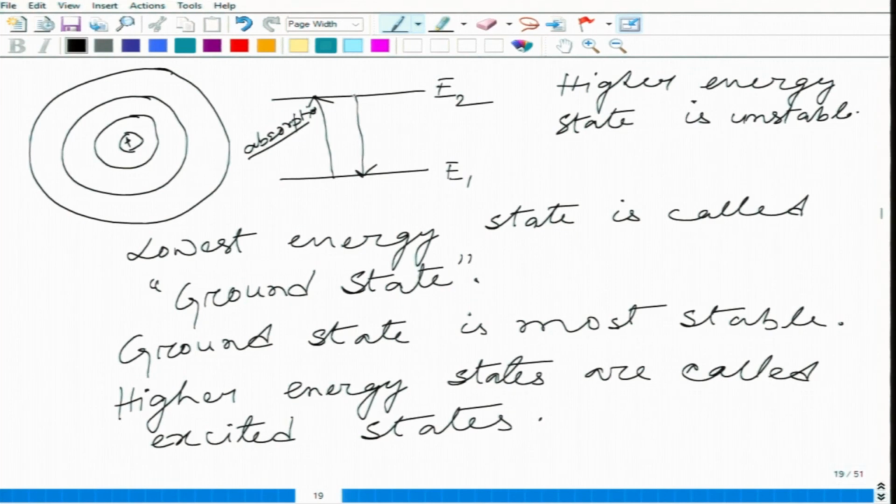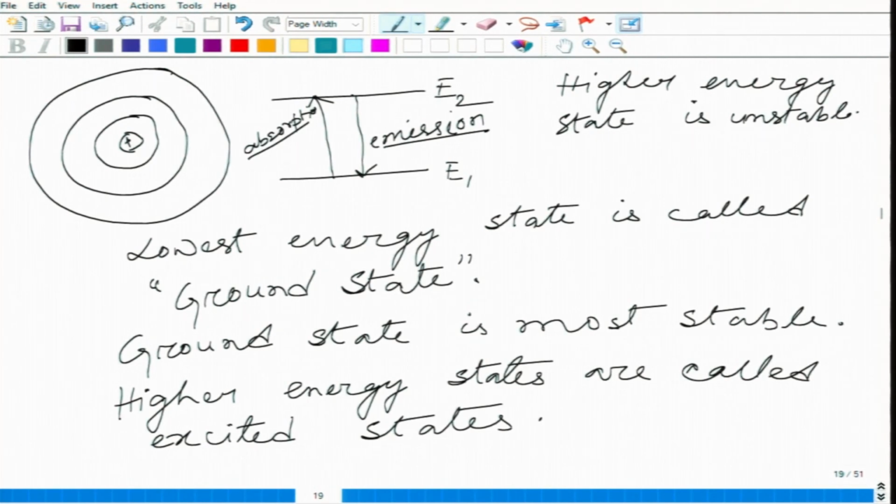So, when an electron reaches an excited state, it will emit energy and try to come back to the lower energy state. So, this is called emission, and this gives rise to the emission spectrum.